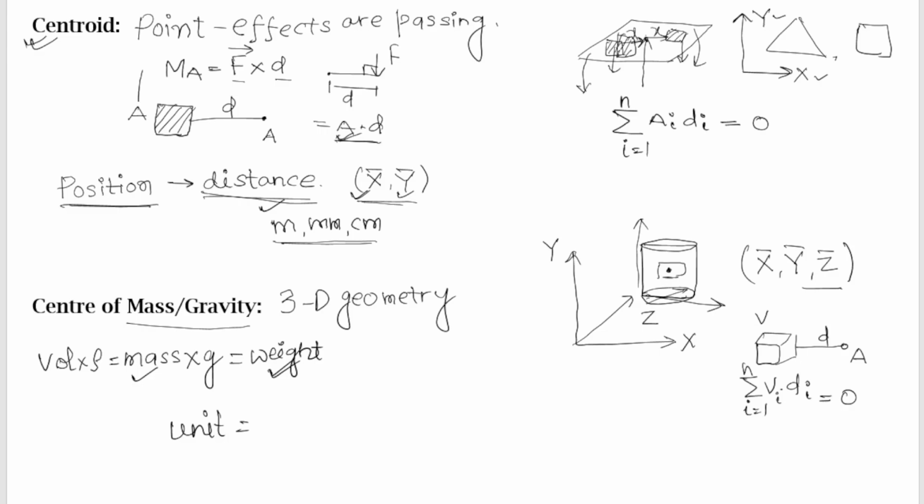So suppose you are trying to find a centroid, your final answer will look like x bar, y bar, and if the dimensions were in centimeter, you will write centimeter. Or for center of mass, it will be x bar, y bar and z bar in the same units. And this is all about your centroid and center of mass.